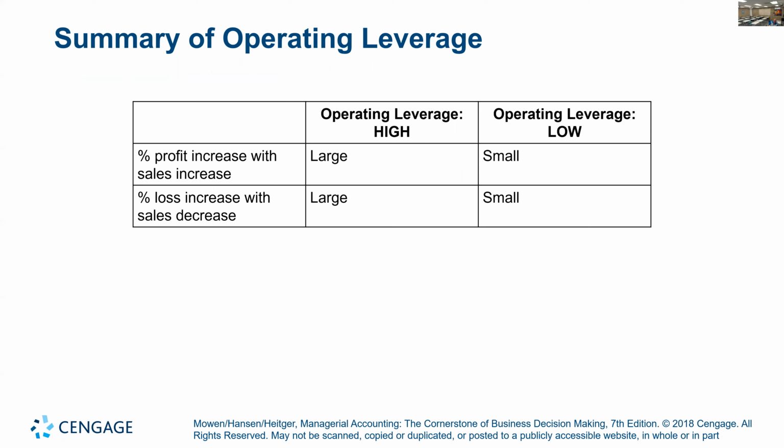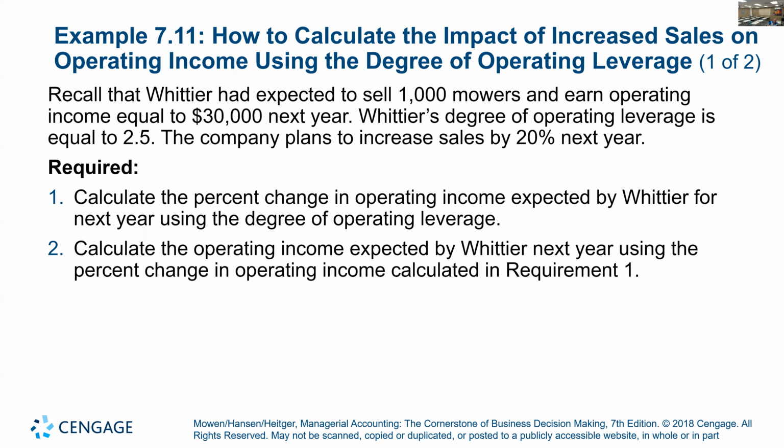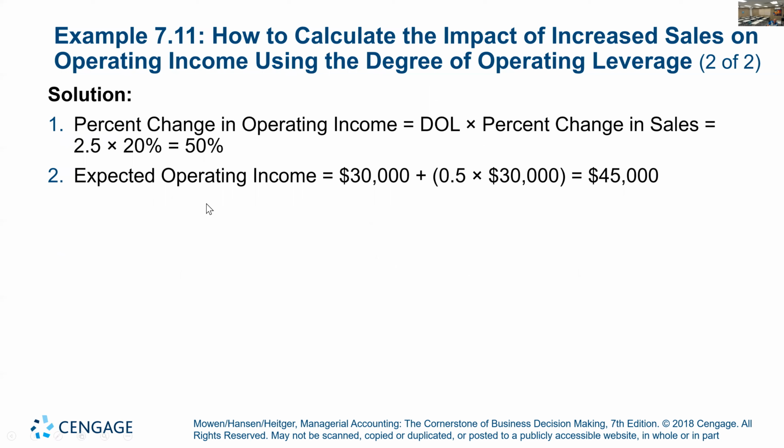The higher the operating leverage, the higher the percent profit is going to increase. Your percent change in operating income equals your degree of operating leverage multiplied by your percent change in sales. Here's what it says.